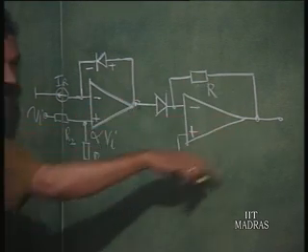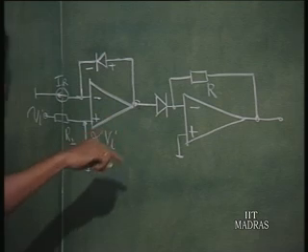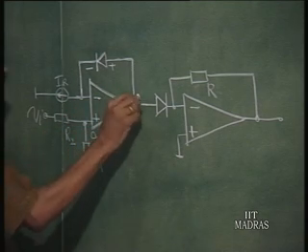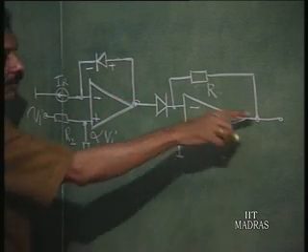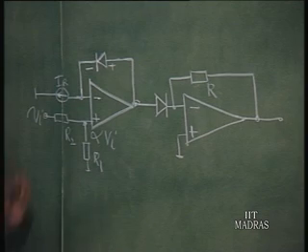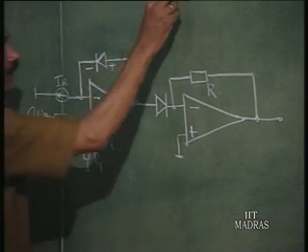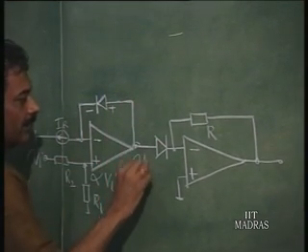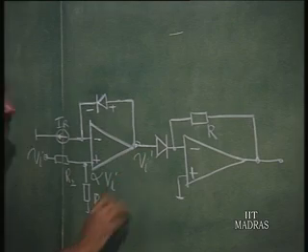This is the anti-log amplifier. Right. So, normally if this is Vi, this output would have been IE naught exponent Vi by Vt into R with a negative sign. So, we will call this Vi prime now.